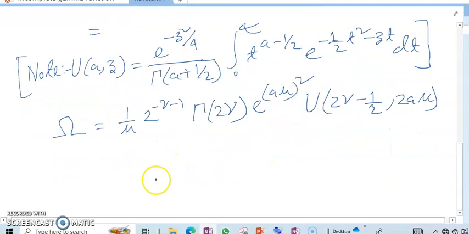So friends, we need to know the cylindrical parabolic function D2 mu.